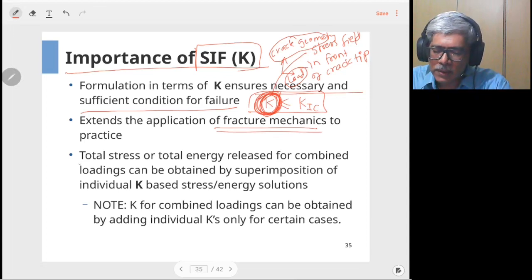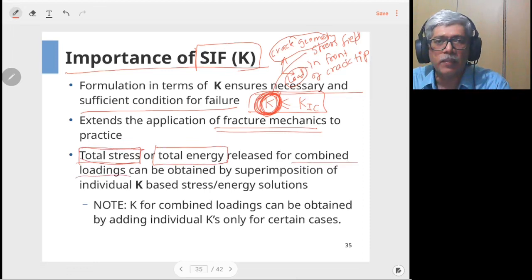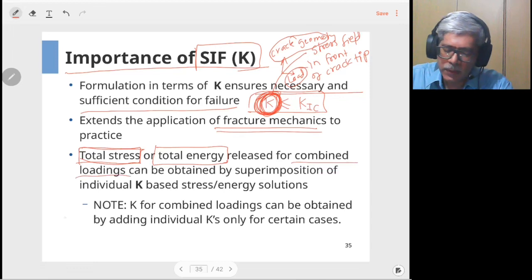Another importance of SIF is if you want to know the total stress or total energy because of combined loading. So you have multiple loadings. Let's say you have a component which has a crack and it is subjected to a mode 1 axial force.